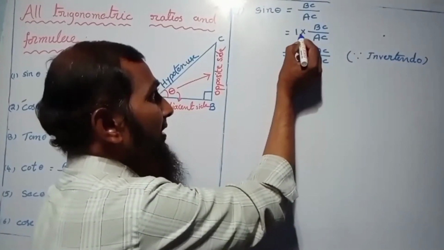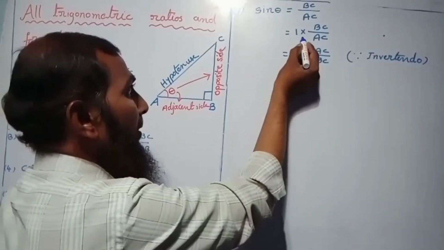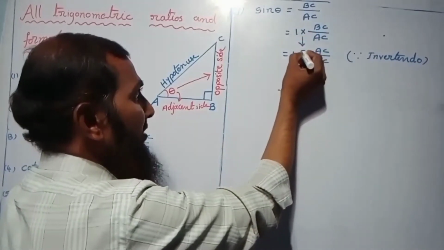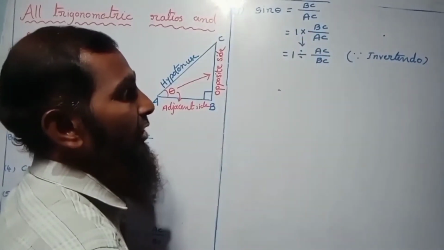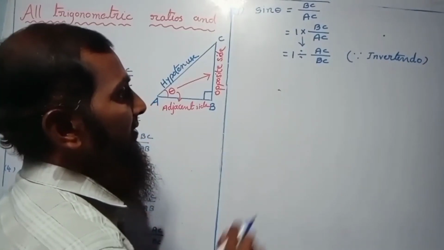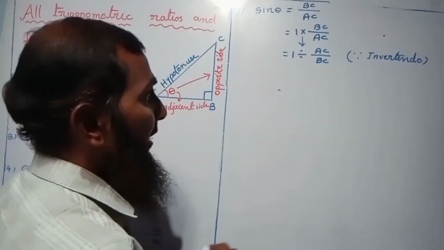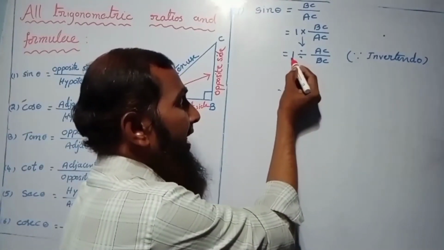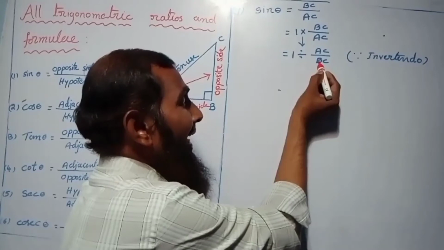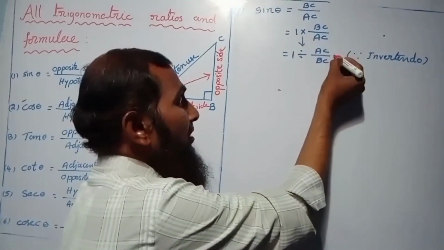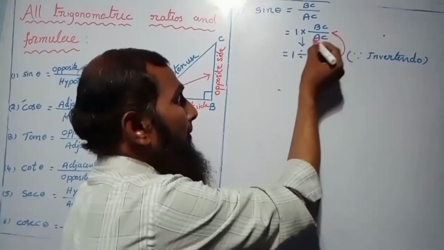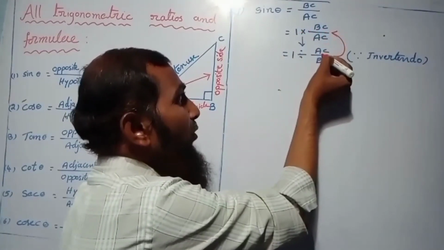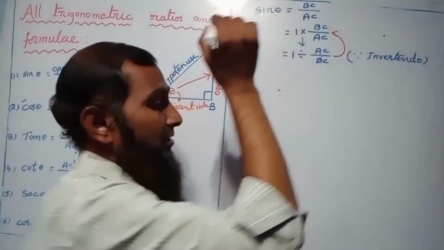So if we write the reciprocal of BC by AC, then the symbol into becomes divide. Dividing a number by a fraction is equal to multiplying the number by the reciprocal of this fraction.